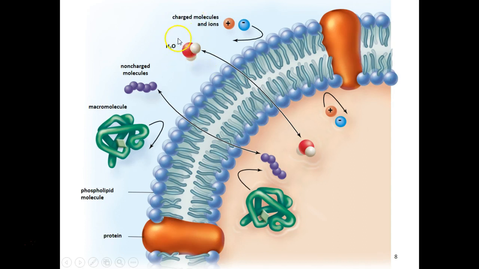And water, which is a special type of molecule, is considered a polar molecule, but water is our only special molecule that still can go directly across the membrane. Even though it is polar, it can go directly across. So it breaks all the rules. Though it does go across the plasma membrane, most water still goes through protein channels called aquaporins.